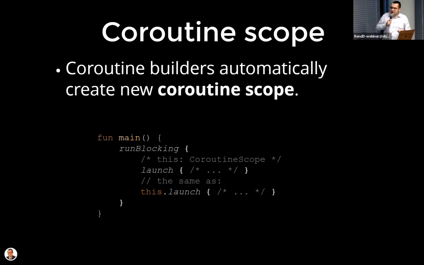So for example, here runBlocking is a coroutine builder, and if we write code inside of this, we are using the coroutine scope of this coroutine as this. So if we write launch to start another child coroutine, if we use launch or this.launch, it doesn't matter because it's exactly the same code. So I guess it makes it pretty easy to use.